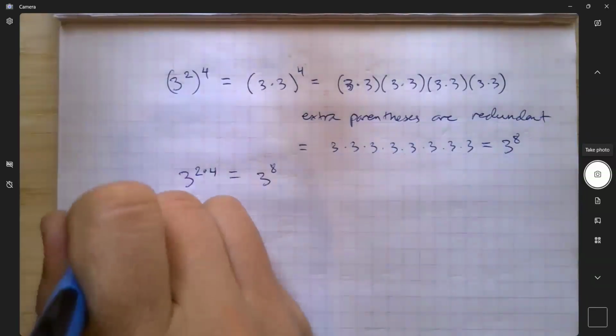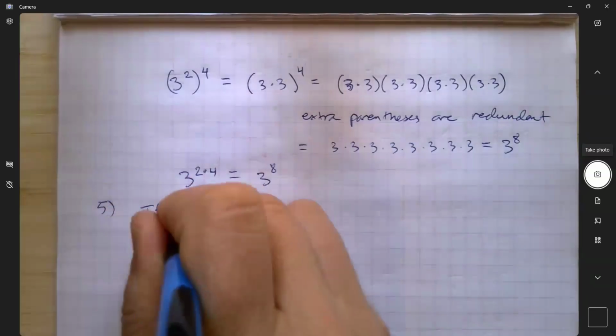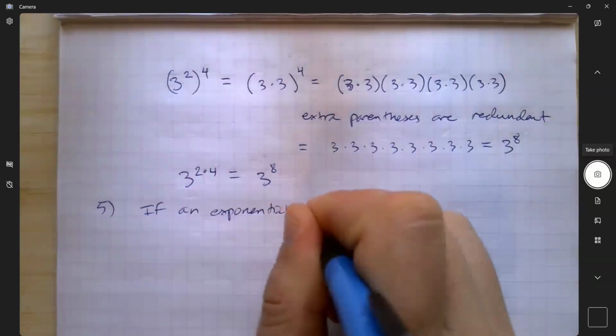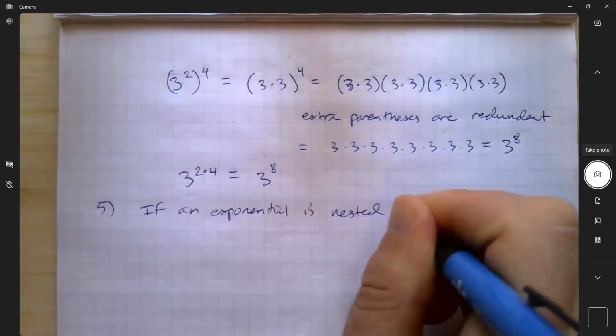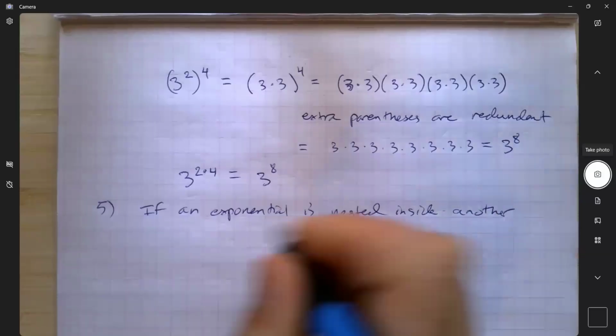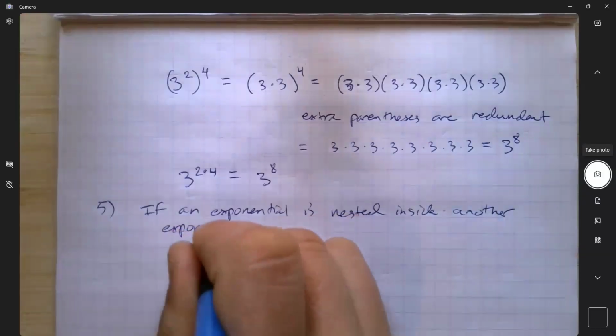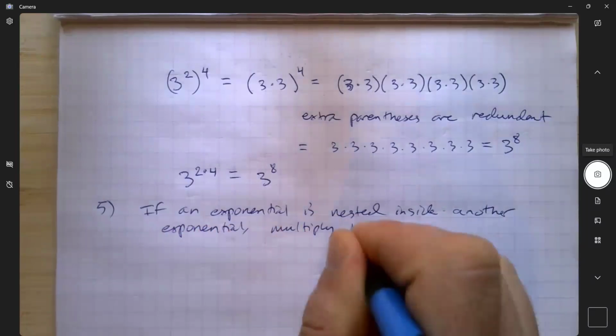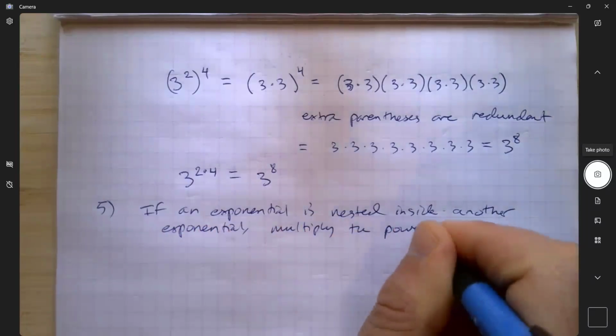So this rule is, if an exponential is nested inside another exponential, you can multiply the powers.